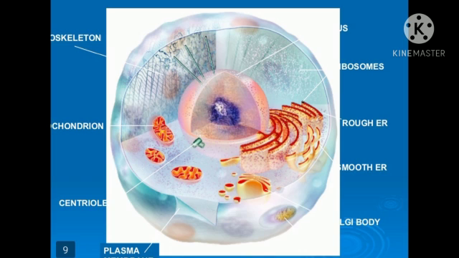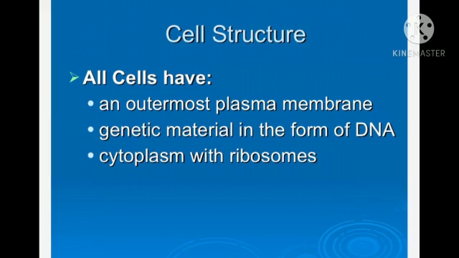Examples of eukaryotic cells are animal cell and plant cell, but what I show today is the animal cell. The cell structure has an outermost plasma membrane and in the center the nucleus, which consists of genetic material in the form of DNA. The full form of DNA is deoxyribonucleic acid, and cytoplasm with ribosomes.